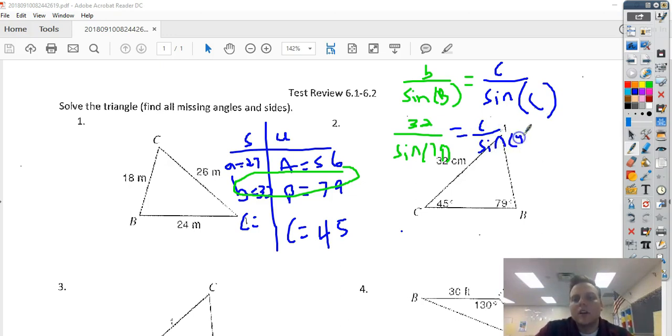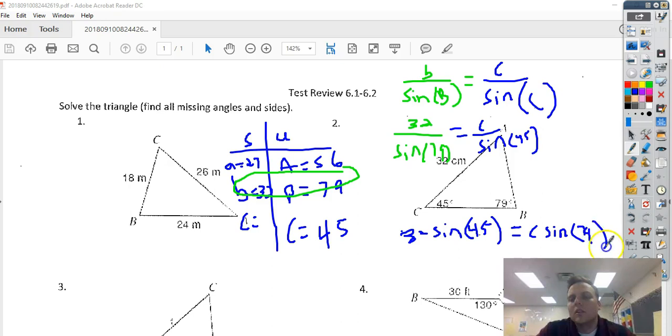Okay. So then I'm going to cross multiply 32 times sine 45. So I just wrote 32 times sine 45 is equal to c times sine of 79. So I'm going to divide both sides by sine of 79.